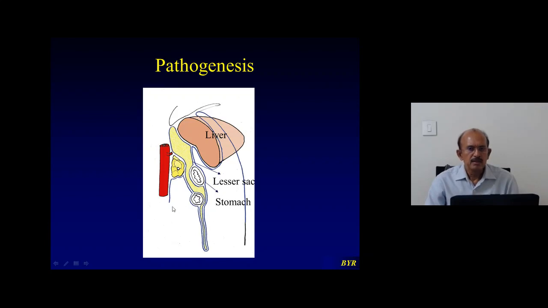To the right, the lesser sac has what? To the right of the lesser sac, what structures are there? Tell me only one structure that is important.